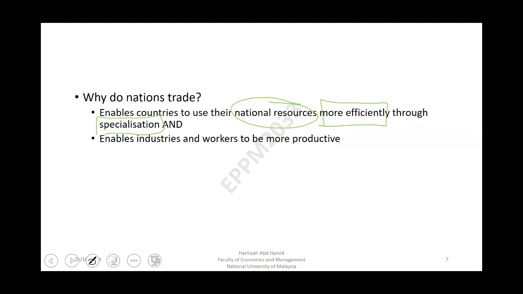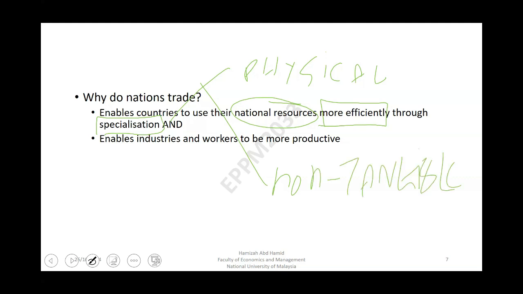Remember when we discussed in the first few weeks of the class, each country has their own specialization because each country has their own physical uniqueness. They also have non-tangible uniqueness. So these interact with each other.